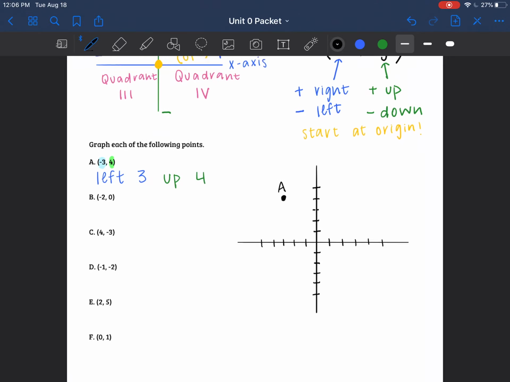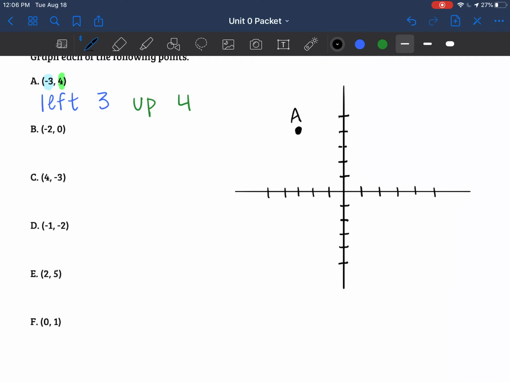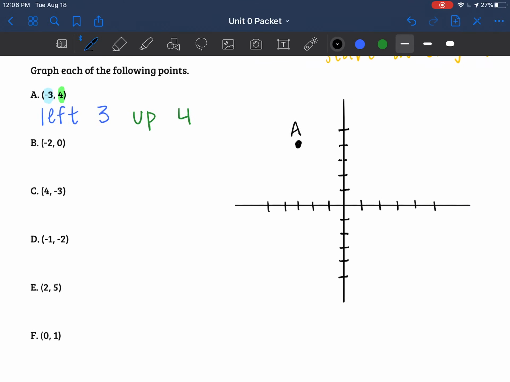Let's do another example. Point B says -2, 0. So my -2, again, that first number is going to tell me, do I go to the left or to the right, and how many? It's a negative, so that's the left. We're going left 2. And then I look at my y value. My y coordinate is 0.